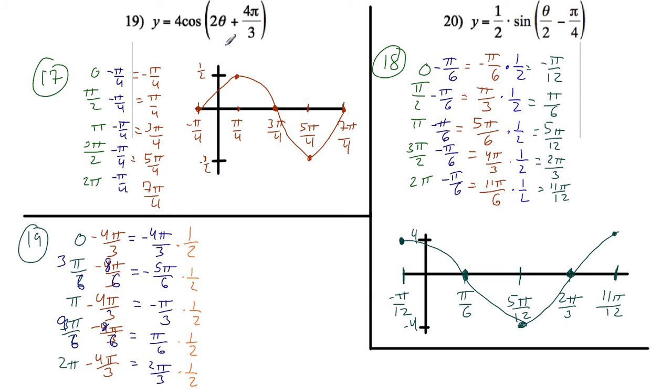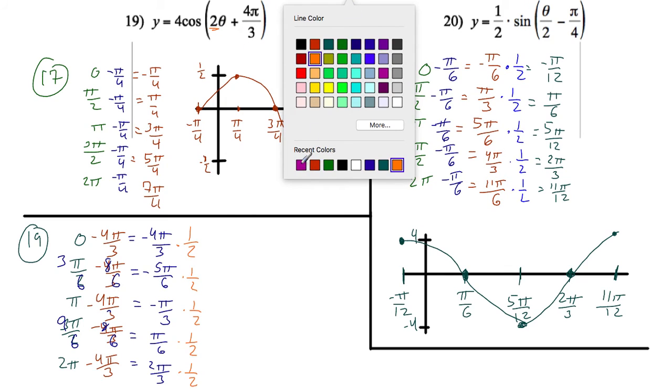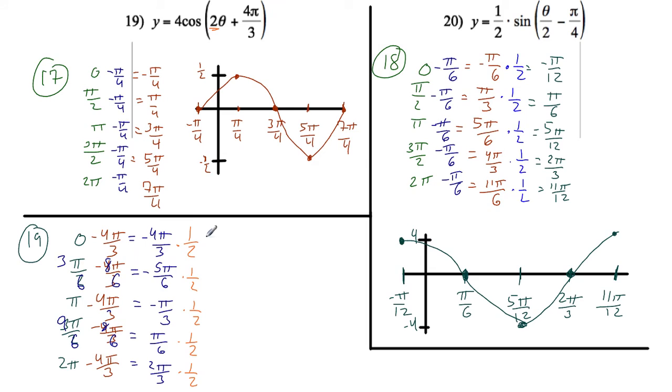Right now it's at 2 pi. I want my period to be at 1 pi. So when I multiply those down, I get negative 8 pi over 6, which I can reduce to negative 4 pi over 3. This reduces to negative 5 pi over 12.